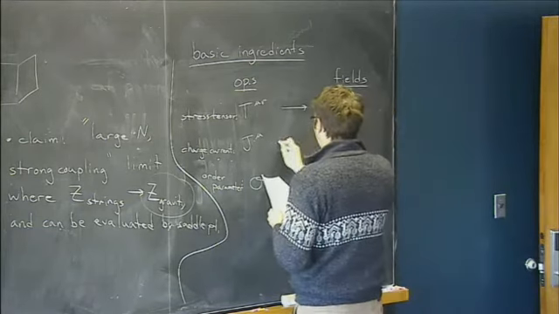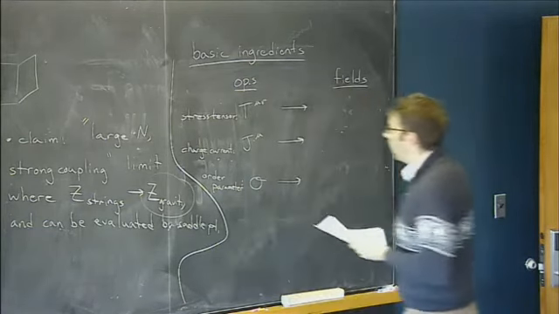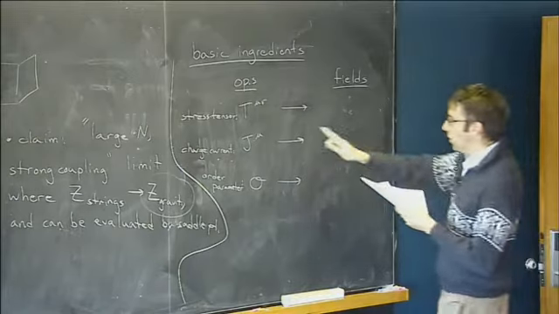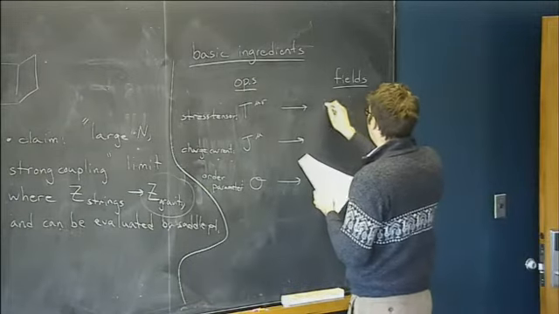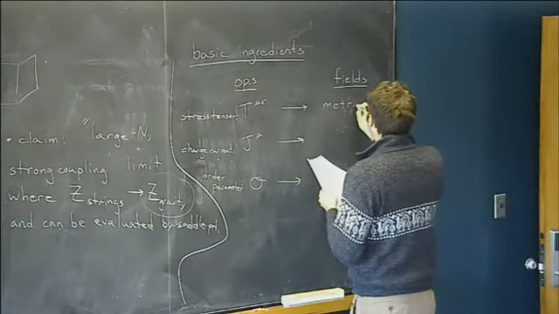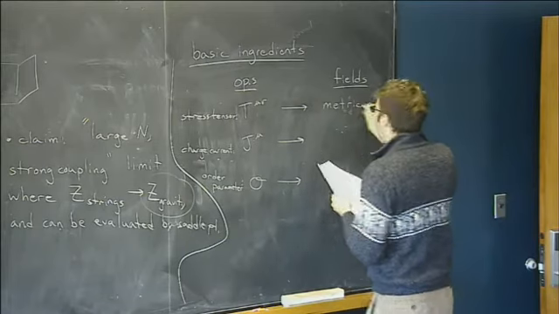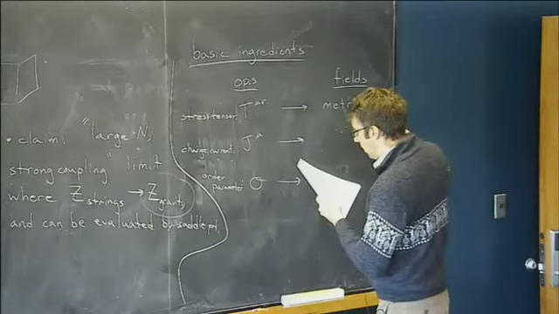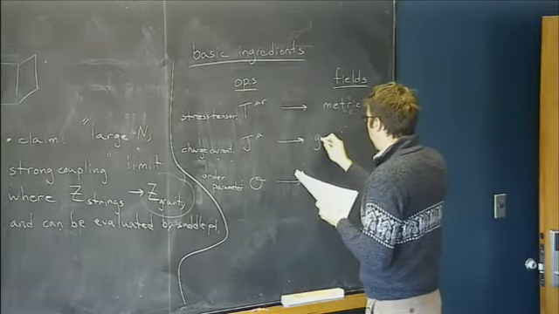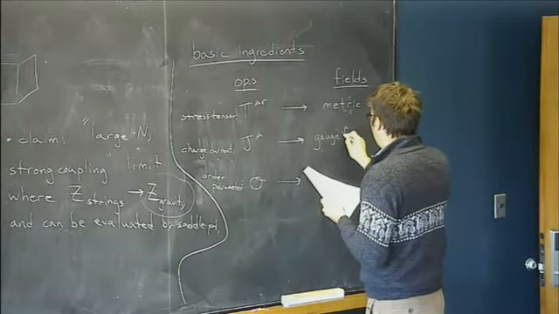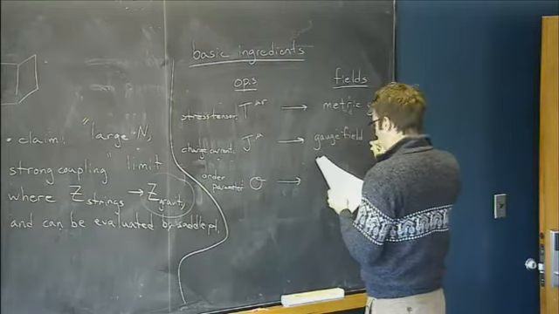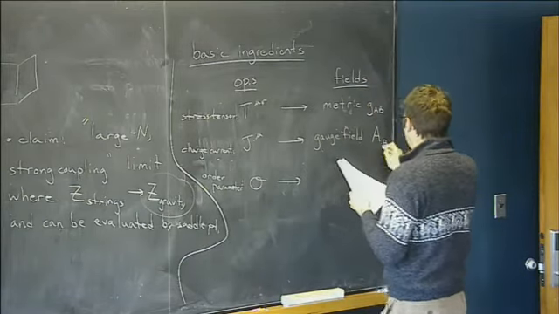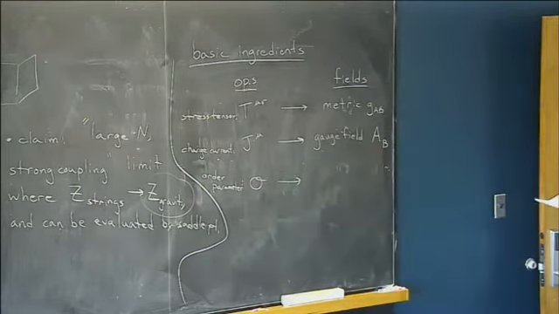So how this works is that the stress tensor gets sourced by a metric. I'm going to try and use Greek indices on the boundary and capital Roman indices in the bulk. The current gets sourced by an Abelian U(1) gauge field in the bulk.